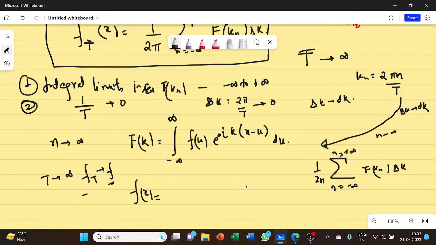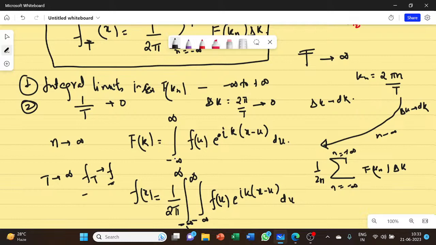So basically you're summing variably. I'll write it as 1 upon 2 pi, and the summation would be replaced by an integration going from minus infinity to plus infinity. F of kn would simply become your f of k, which is nothing but the integral of f of u, e to the power iota k times (x minus u), du, again from minus infinity to plus infinity.